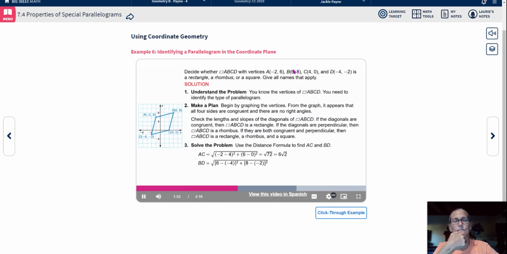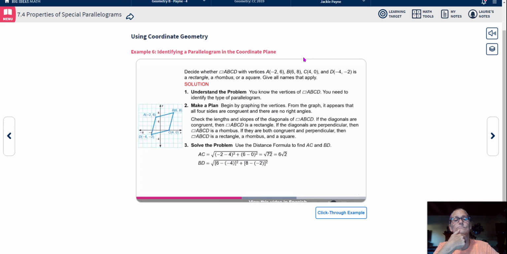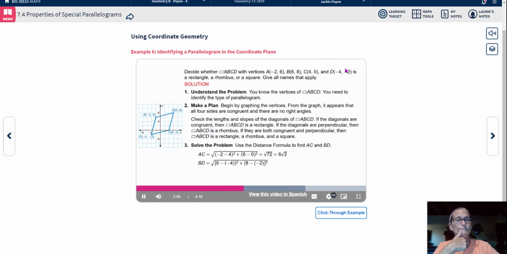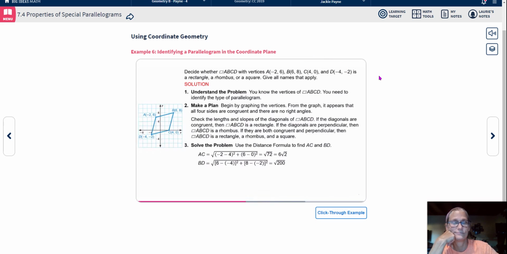BD is equal to the square root of the quantity 6 minus -4 squared plus the quantity 8 minus -2 squared, which equals the square root of 200, or 10 times the square root of 2. Because 6 times the square root of 2 does not equal 10 times the square root of 2, the diagonals are not congruent. So, parallelogram ABCD is not a rectangle. Because it is not a rectangle, it also cannot be a square.